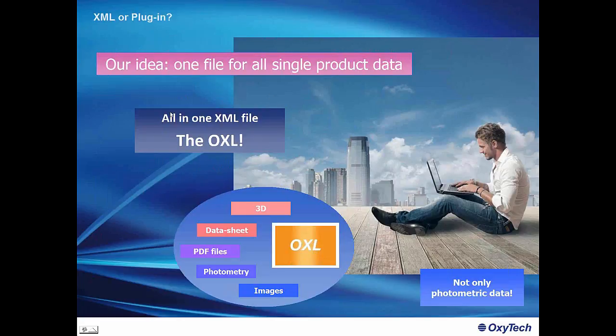So we developed a file called the OXL, which is now capable of including inside the file the 3D of the luminaire, the datasheet, the PDF files, the photometry, the images, and any other file that could be related to the product, even a video describing how to install the product, or a video showing the presentation of the product itself. So it's a real powerful tool to manage the information related to a product, and not only photometric data.